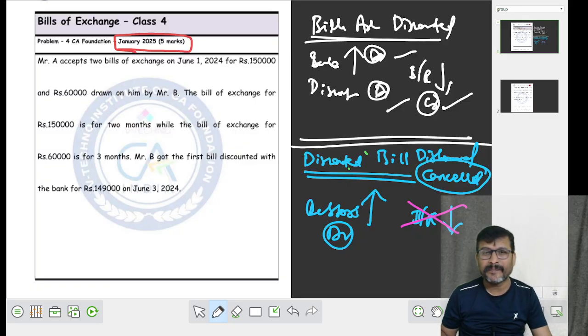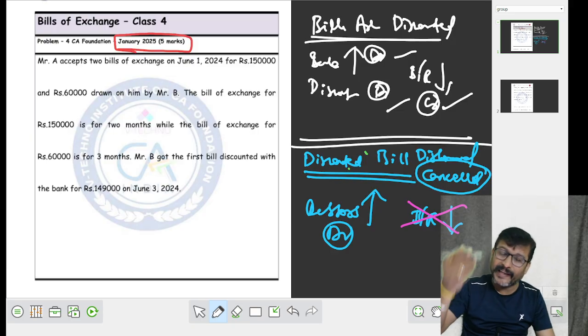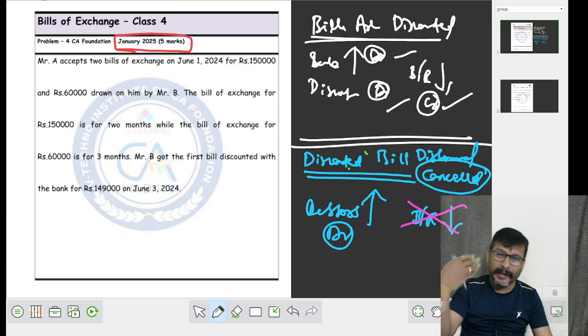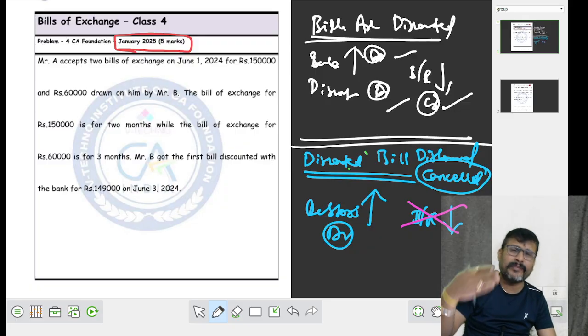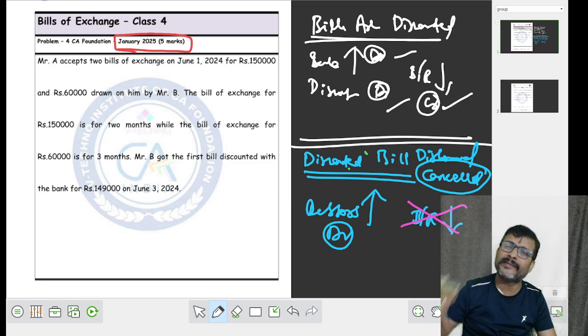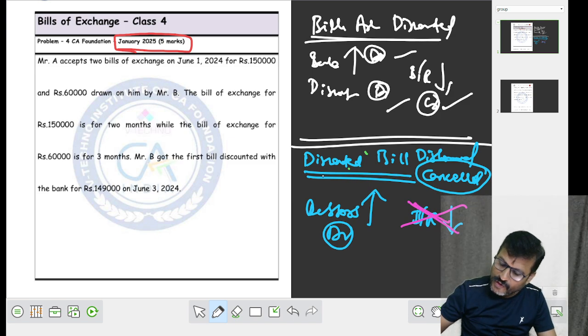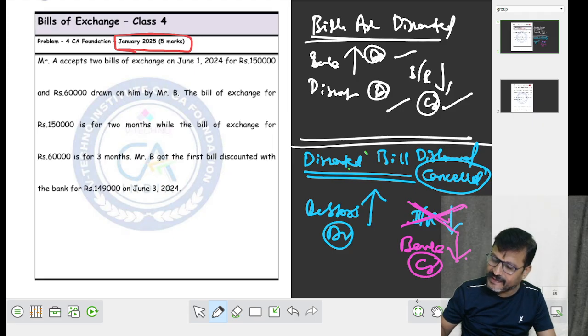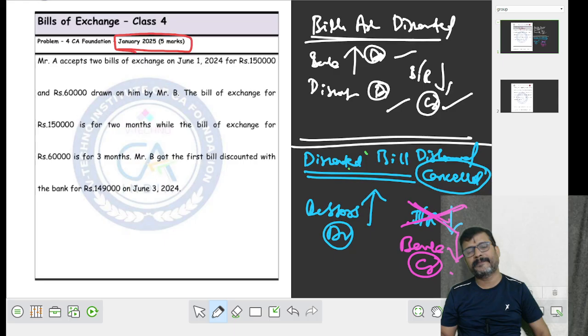The banker will collect money from us. The banker will collect the money from the drawee, which means we have to pay the money to the banker. In such a case, we should not use BR decrease. We have to say that bank decreases, it is to be credited.